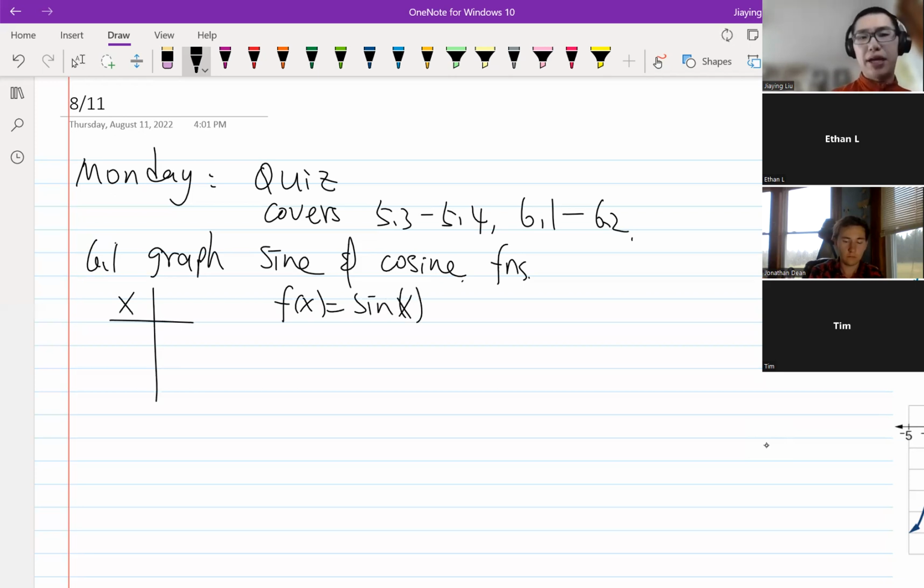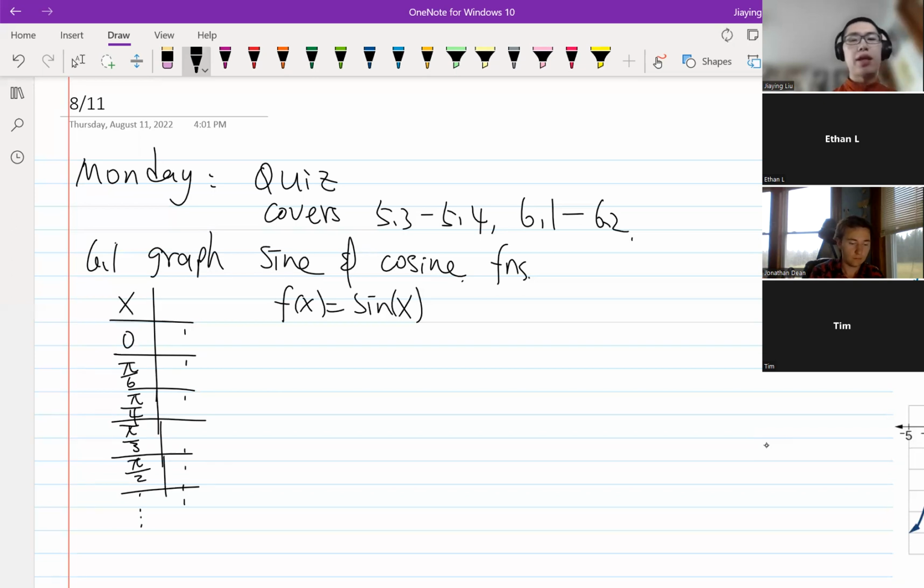We're going to pick some nice x values, for example, x could be 0 radians, pi over 6, pi over 4, pi over 3, and pi over 2. So if we continue this table, we end up with a lot of corresponding y values. And we take all the y values and plot them on this xy axis.